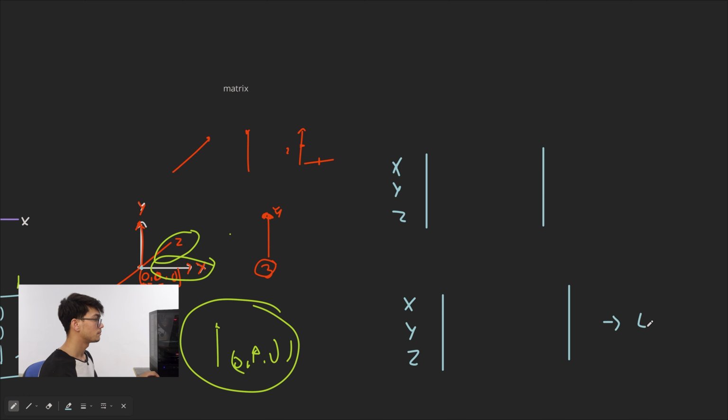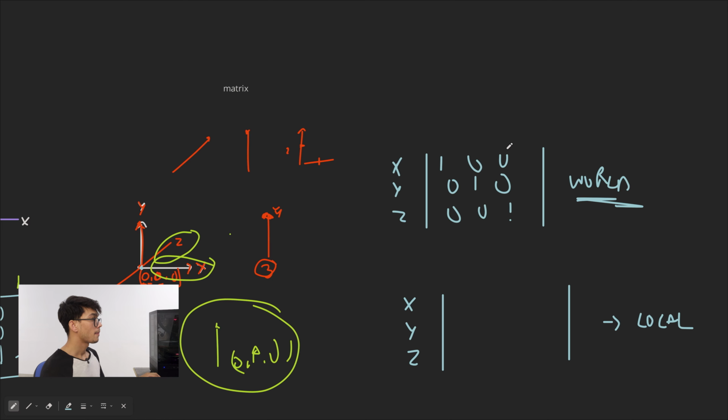This is local, that means it's the object matrix, and this is the world, which is the base matrix. So if the world says 1 1 1, everything else is 0, right? And if the object x direction is, let's say, in this direction, let's say its object is also 1 1 1, because it will align with it.